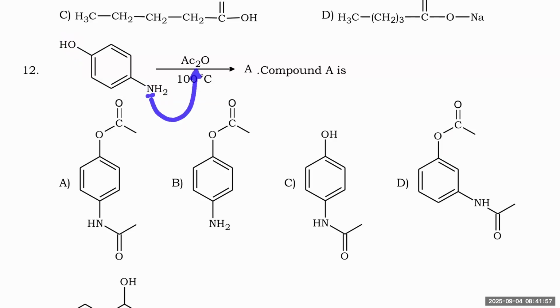Therefore, the first reaction that will take place here will be from the nitrogen end and not from the oxygen end. So you'll get this as NHC double bond O CH3. This is the first product you will get. Clear, beta? So which is option C. If you do it for an excess amount, then this will also undergo acetylation.